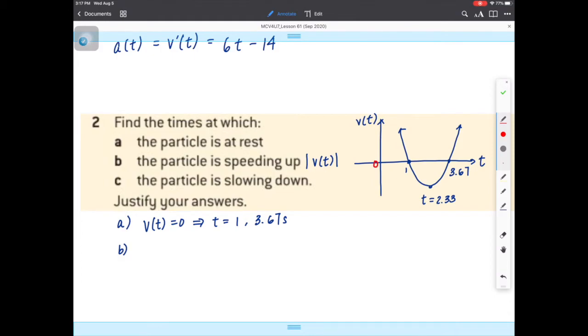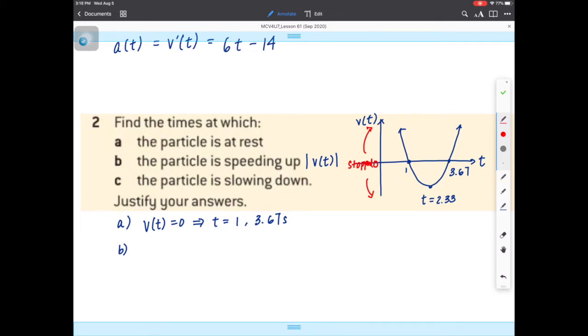That means that the object has stopped. As a result, the further away you are from 0, the faster the object is moving. It's just in different directions. And it's getting faster and faster, slower and slower.